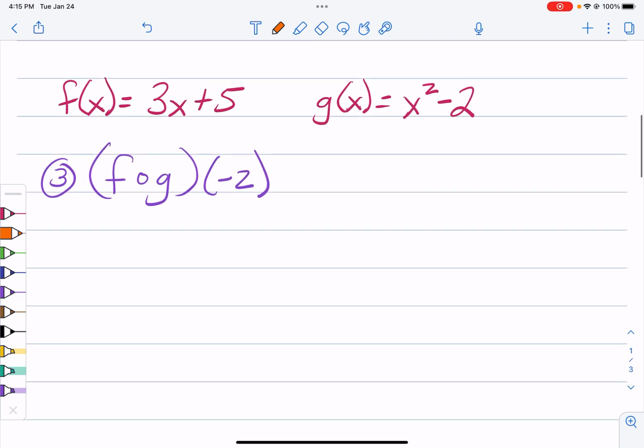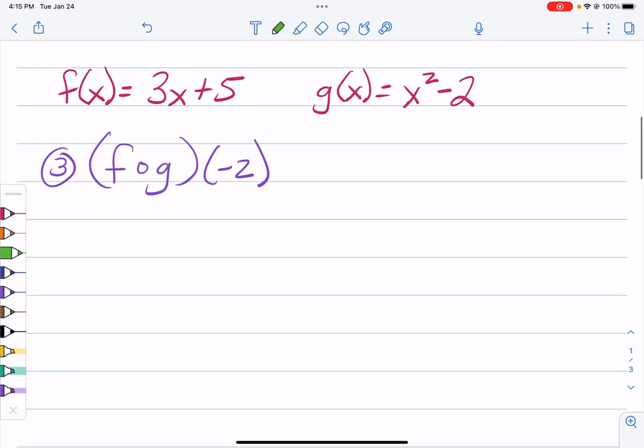Okay, so let's try one more, because I want to show you again this notation. This little symbol kind of looks like it says "fog," but it's not. It's the words "composed with." So it is f composed with g of negative 2. Now the order stays the same.